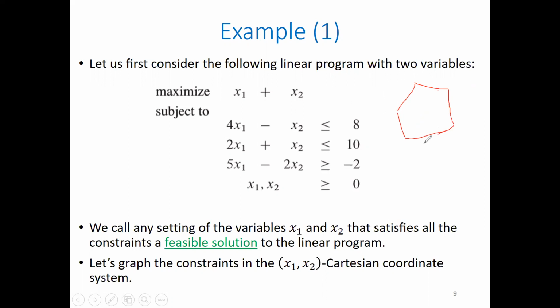In linear programming, the constraints and the objective function always create a feasible set of solutions in the form of a convex hull. That means all the solutions lie in a convex set.